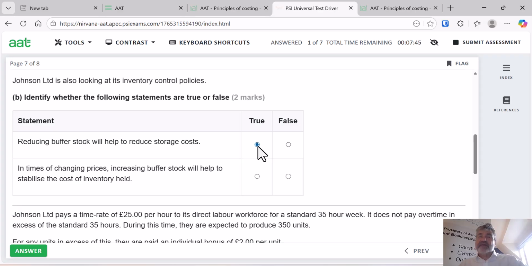If you didn't have the buffer stock, you would be exposed to having to buy in inventory if there's excess demand, and if prices are rising, for example, you would be running the risk of escalating costs. So having the buffer stock, you've already paid for those items, you have basically secured the price, so you've stabilized the cost of your inventory. So both of those statements are actually true.